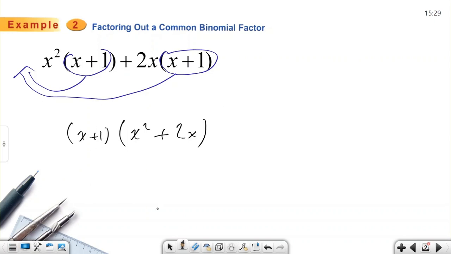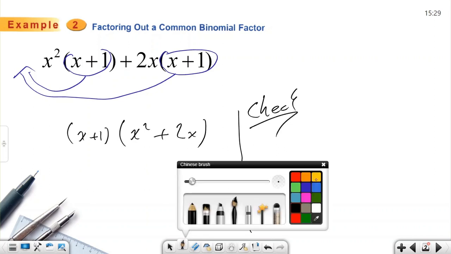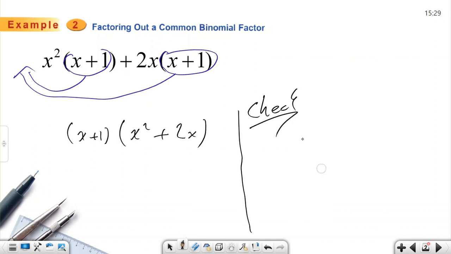If you multiply it back, let's check ourselves, did I do it correctly or not? Sorry about my handwriting. X plus 1 multiplied by x squared plus 2x.